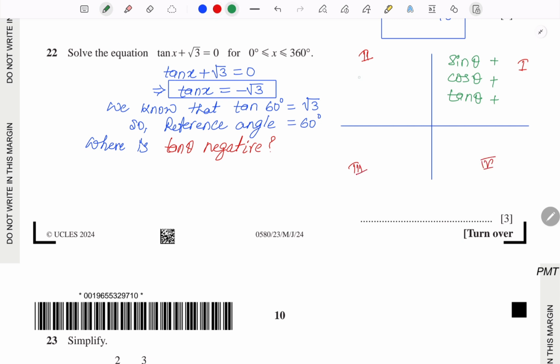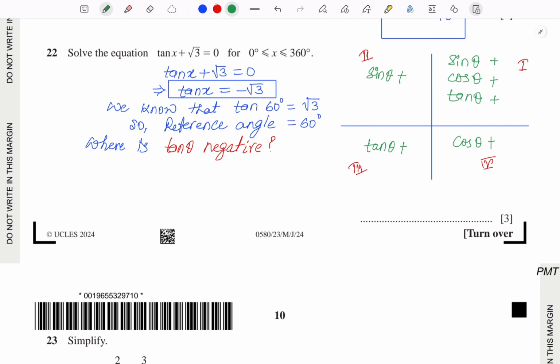In the second quadrant, only sine theta is positive. The other trigonometric ratios are negative. In the third quadrant, tan theta is positive, and in the fourth quadrant, cos theta is positive. All other ratios are negative. So where is tan theta negative? That is the question.